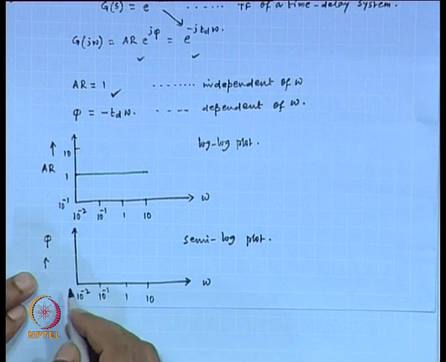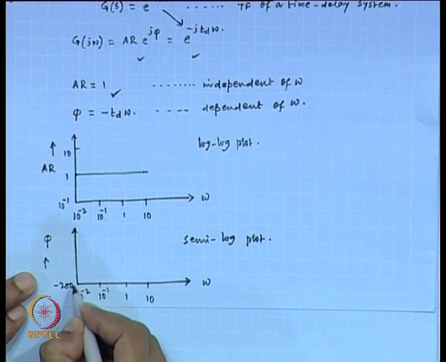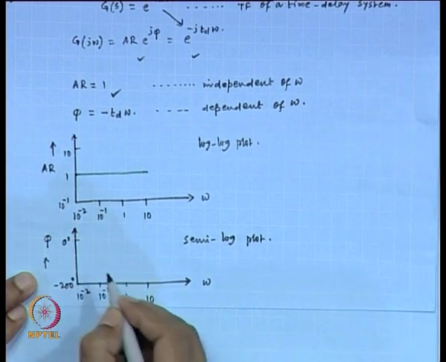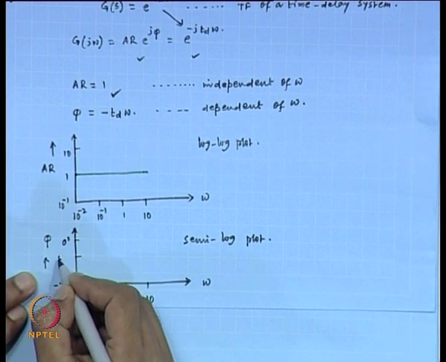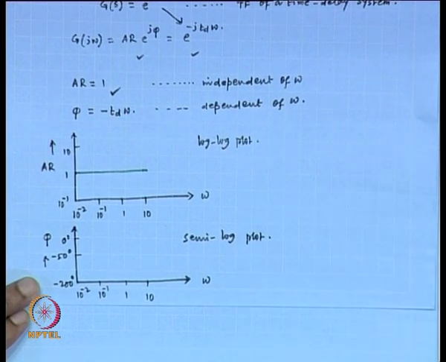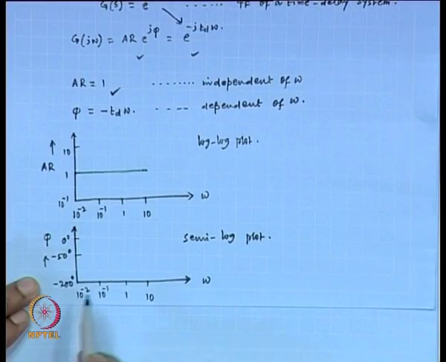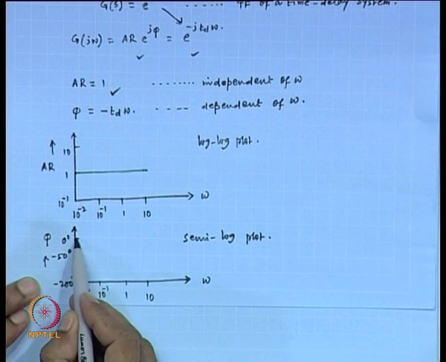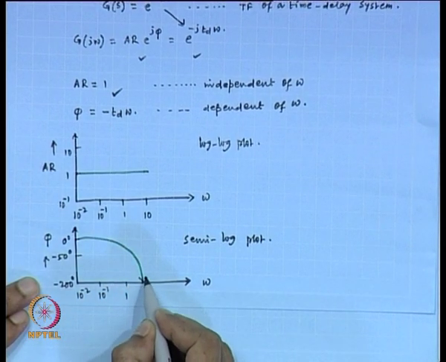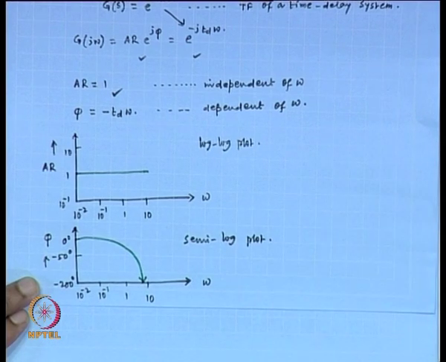And for the phi we consider from minus 200 degree to say 0 degree. This is suppose minus 50 degree. Now, if we produce some intermediate data, then we obtain this type of plot for phi.